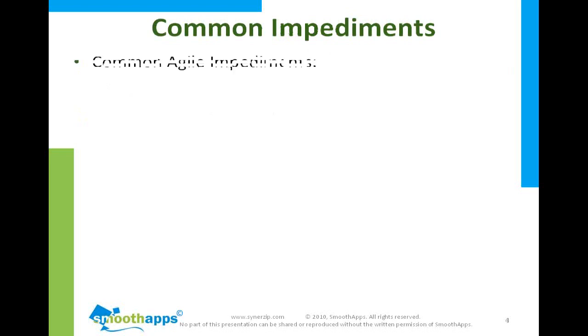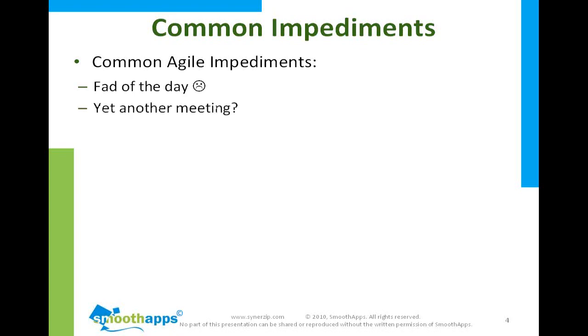As Hemant mentioned, I have practical experience as an agile practitioner, and to be quite honest, I was a skeptic before I became a believer. Here are some of the common agile impediments that many of you agile advocates and practitioners probably find in your organizations. Those who are skeptical may think it's just another fad of the day. The boss read a new book.